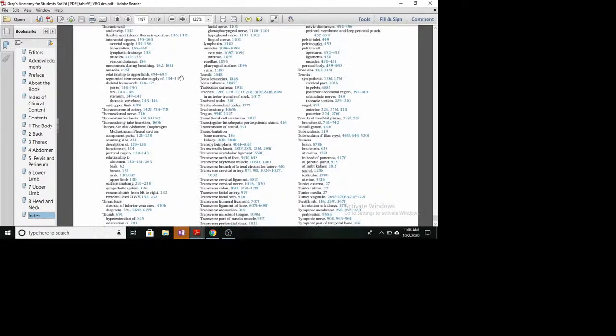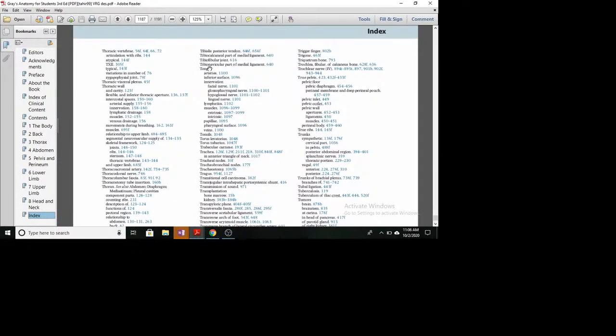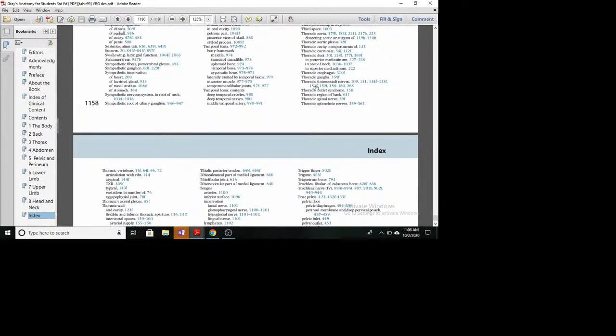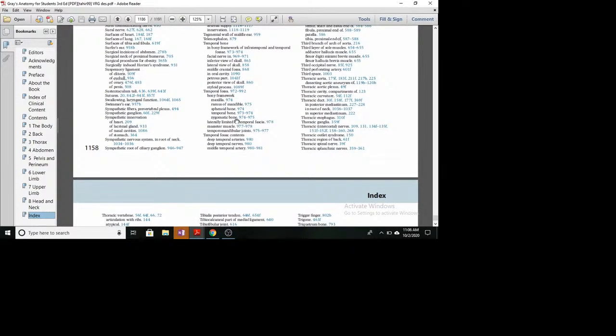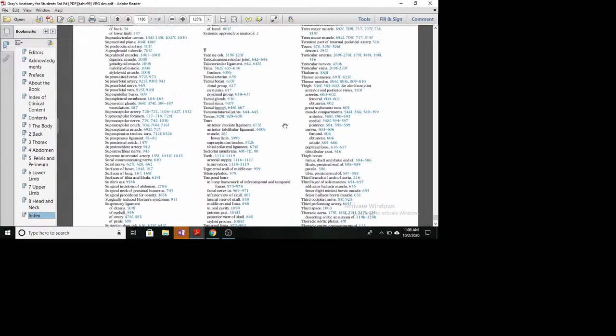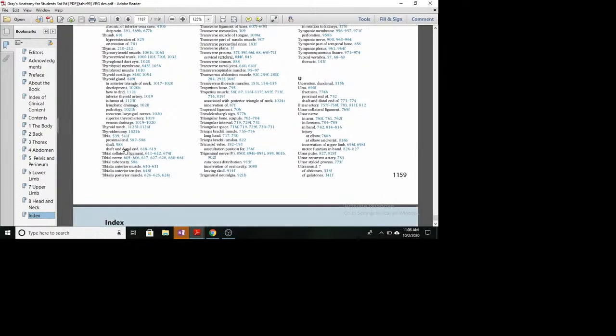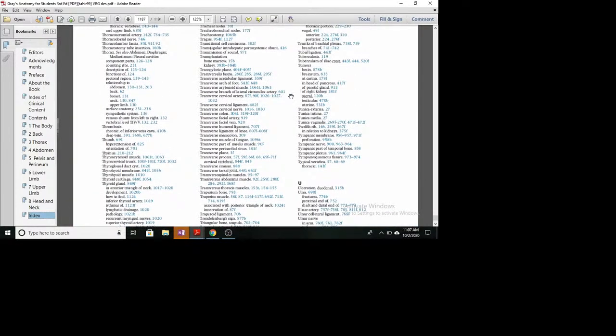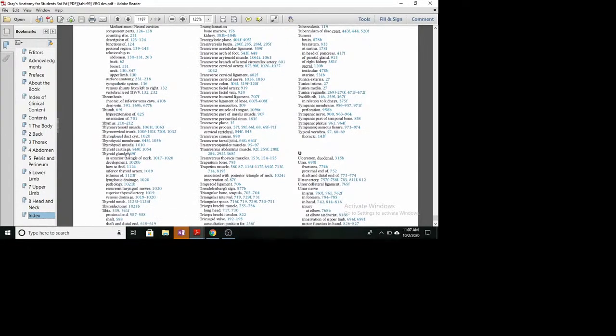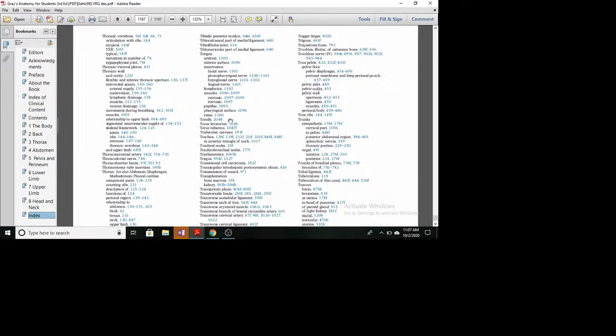T-O-N-G-U-E. Triceps. Okay, it is not tongue. Okay, there is tongue, yes.